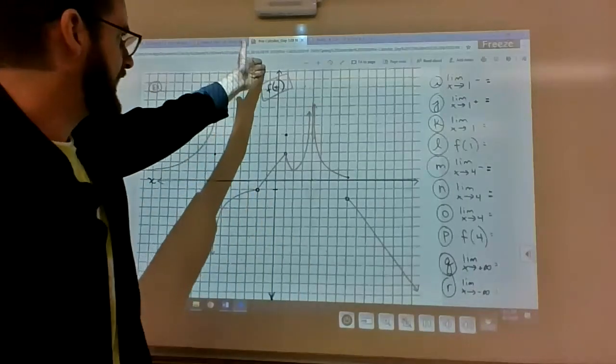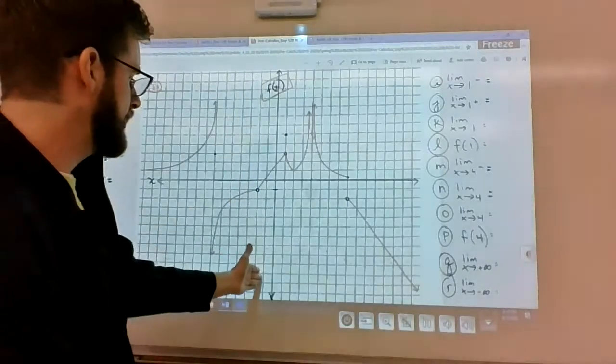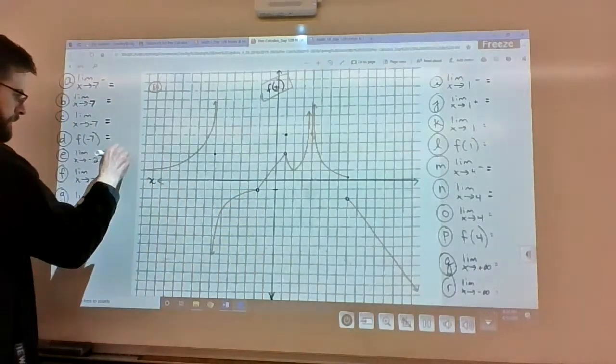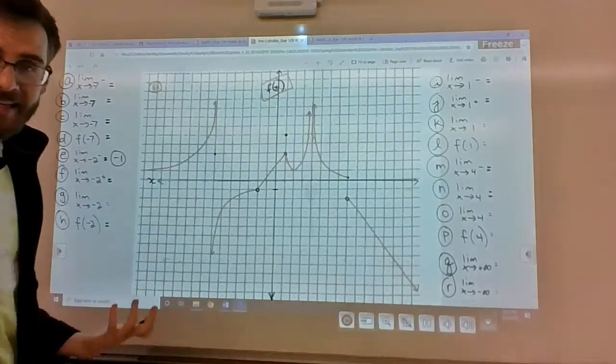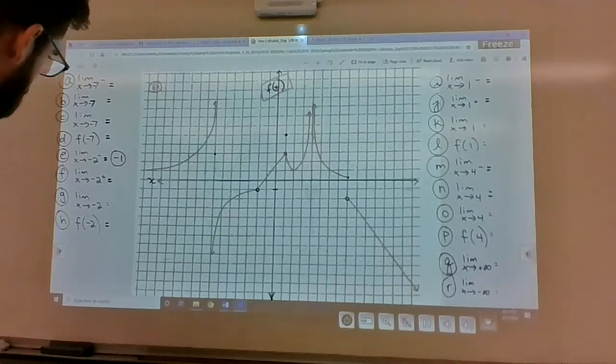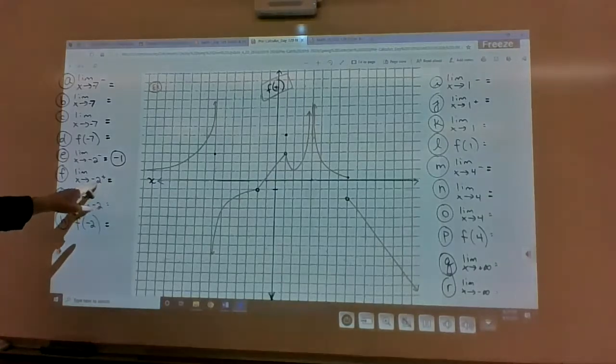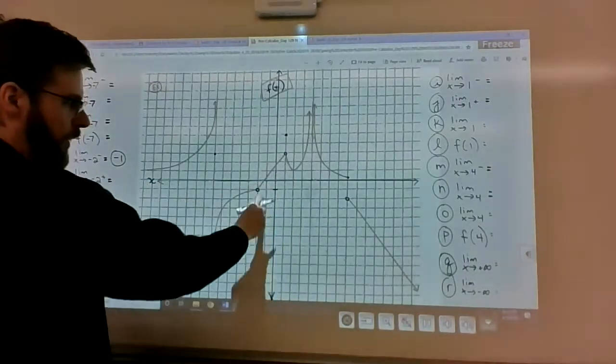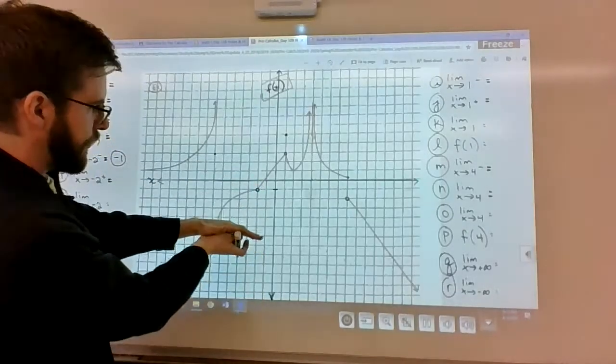So, remember, x is -2. From the left, it's approaching -1. So letter E, that's -1. The limit as x approaches -2 from the right is also the y value -1.